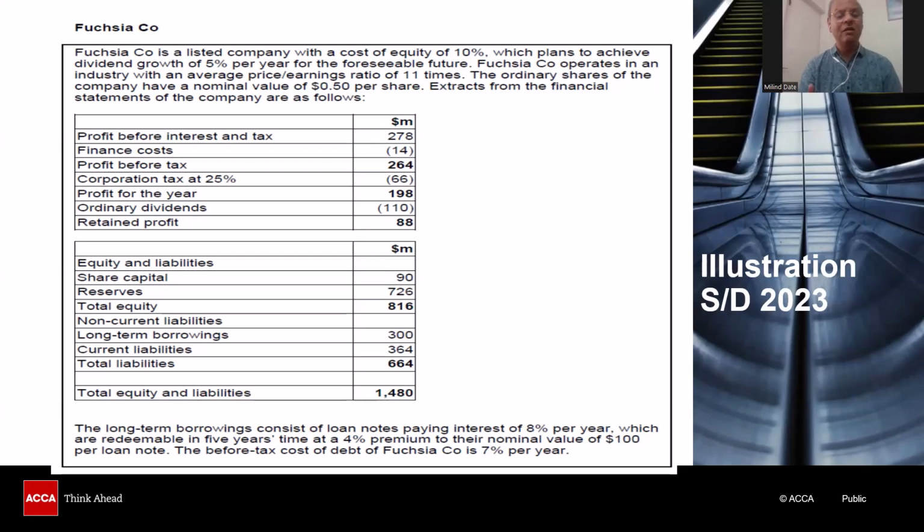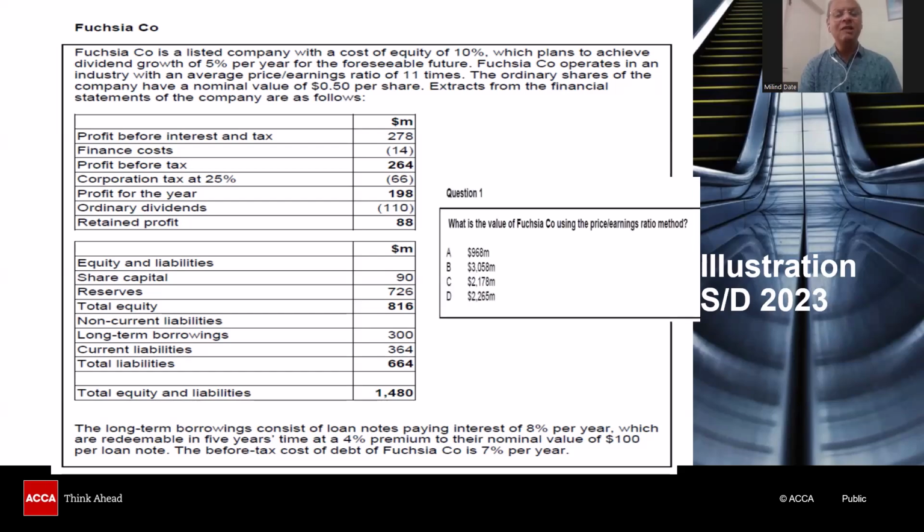And the cost of debt is also available to you, the before tax cost of debt. That's careful reading. Let's look at one sample question over here, one requirement, which is asking you to calculate the value of the company using the price to earnings ratio method.